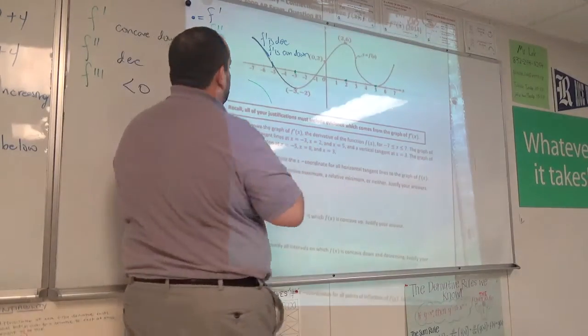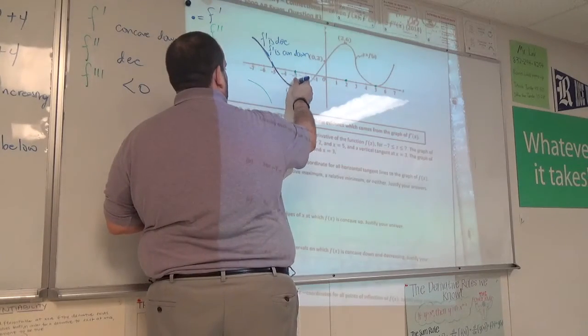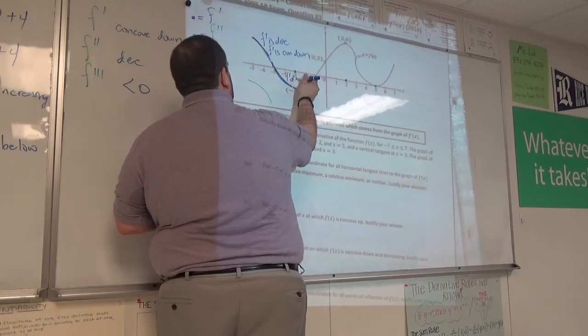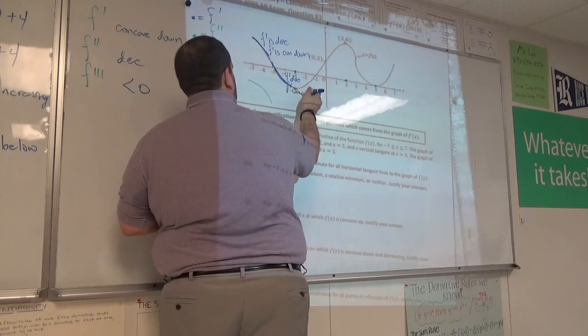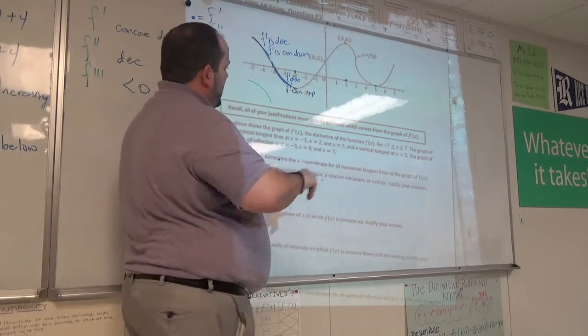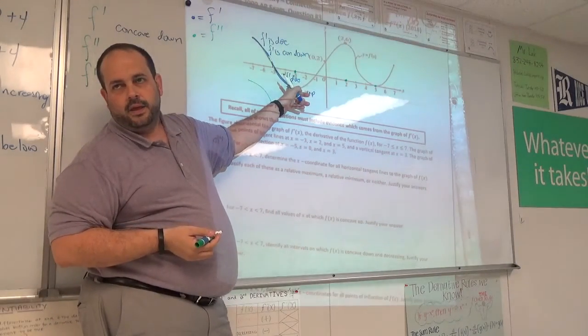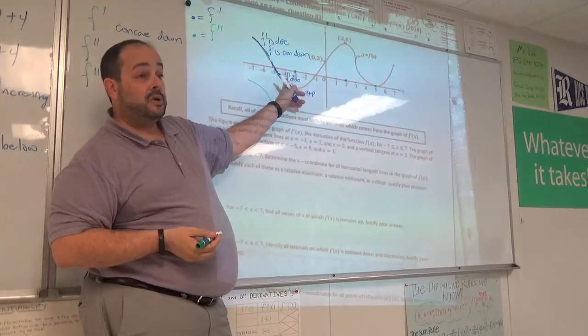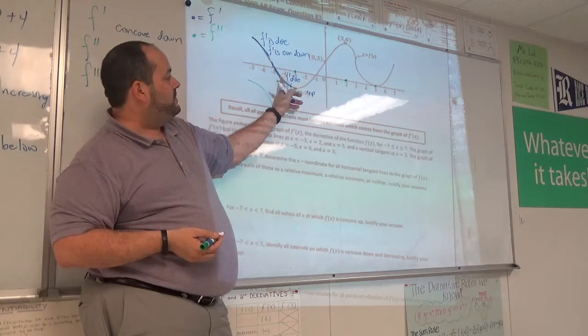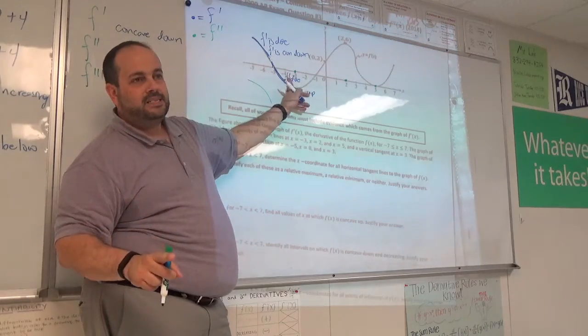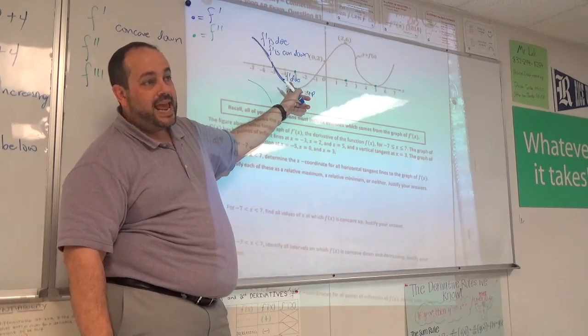Let's take this next interval. Two things about F prime here. F prime is decreasing and concave up. So when I switch over to my green, F prime is decreasing, right? Yeah. So if F prime is decreasing, F double prime is negative.